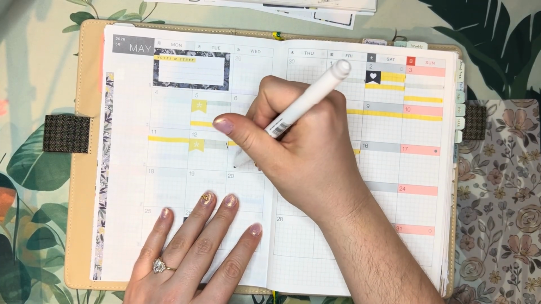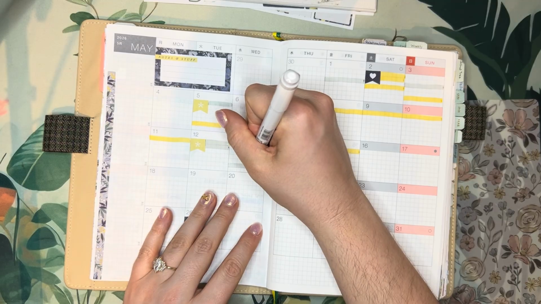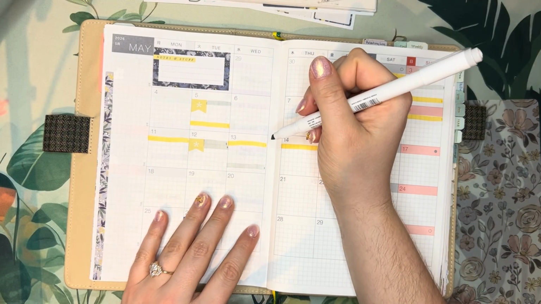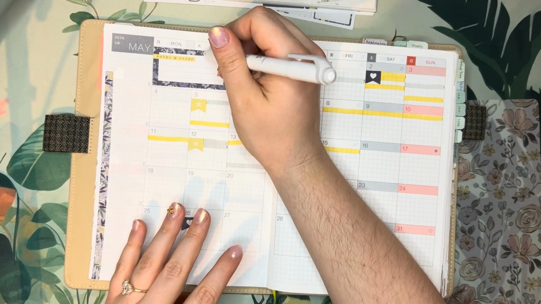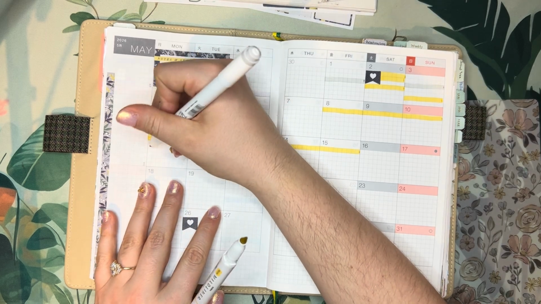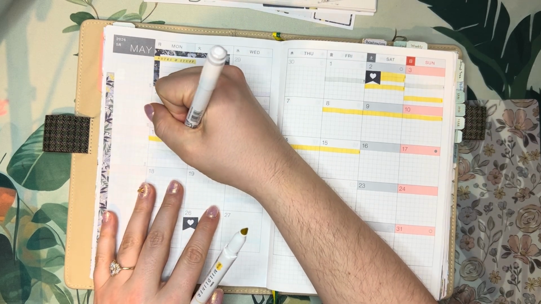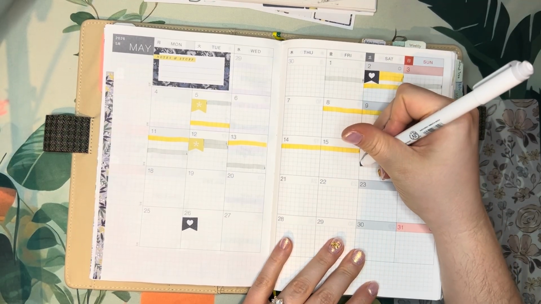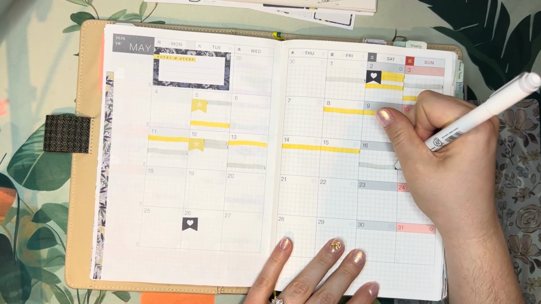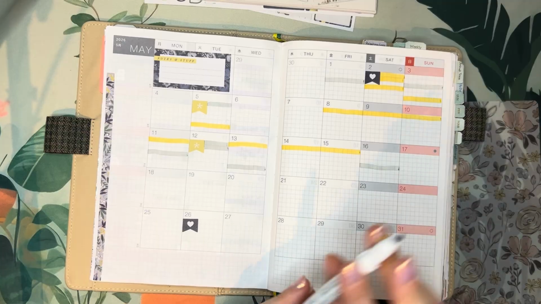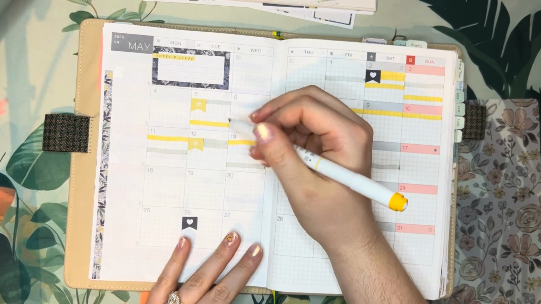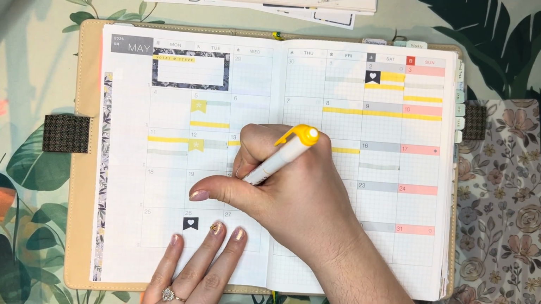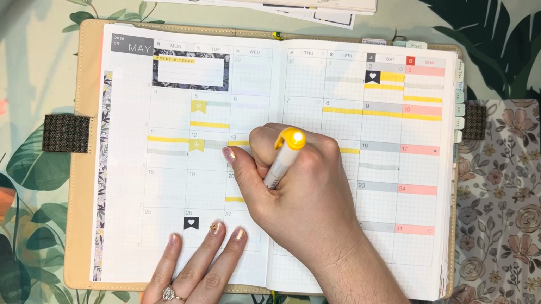The 13th, we have our vendor preview. The 11th, we have our details meeting. The 16th, I have a meeting with our deacon here. The 20th, laser facial.